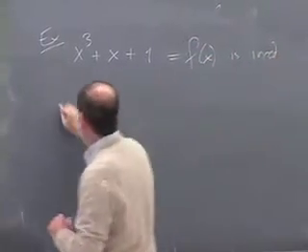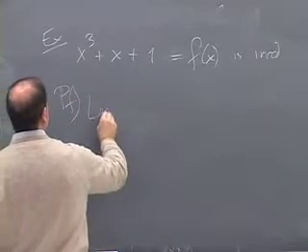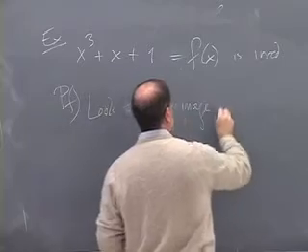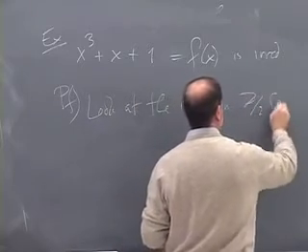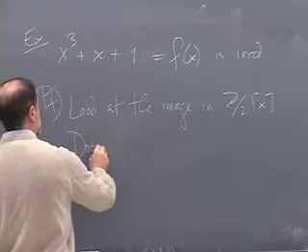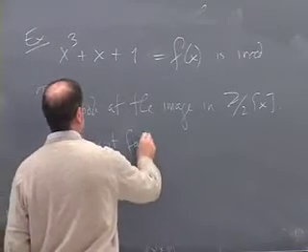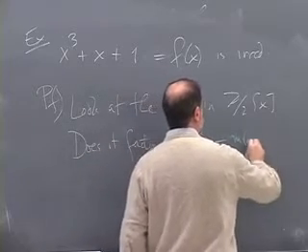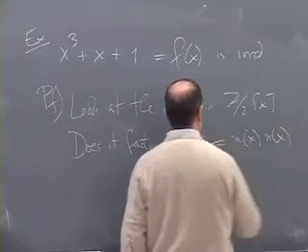Proof. Look at the image in Z mod 2 of x. Does f(x) factor, say, as m(x) times n(x)? Well, this is of degree 3.